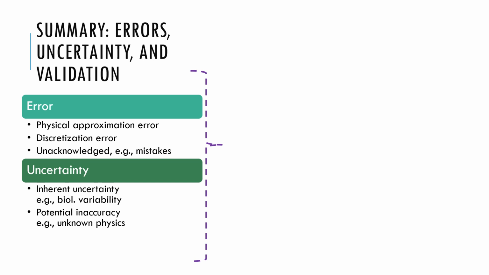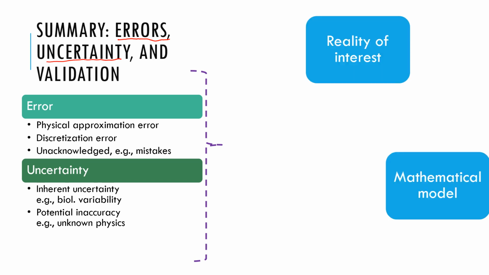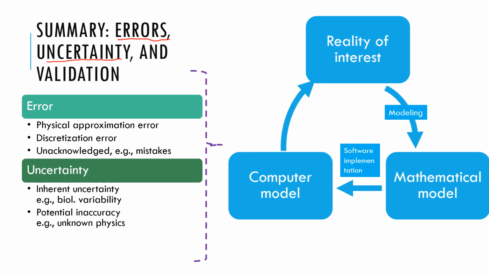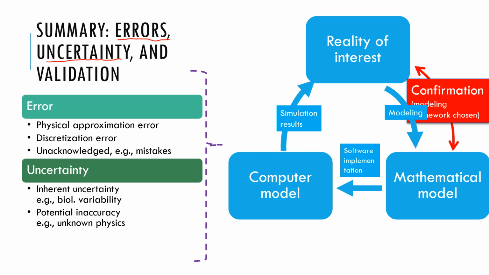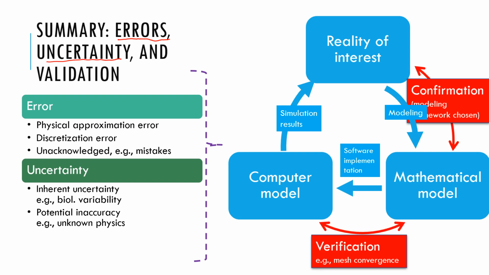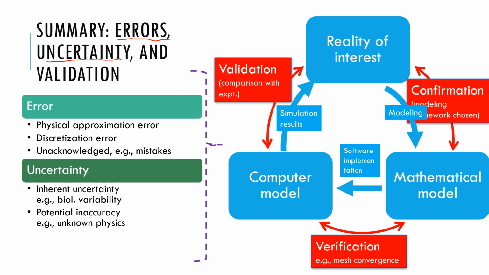So here we summarize assessment of the model or the modeling process in relation to errors and uncertainty. In particular, we would be talking about the validation. So here is my modeling process that we have talked about, and here is the assessment of the modeling process: confirmation and then verification and validation at different stages of the modeling process.